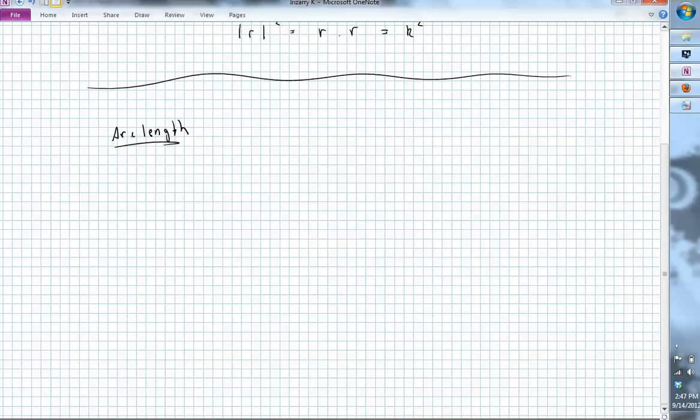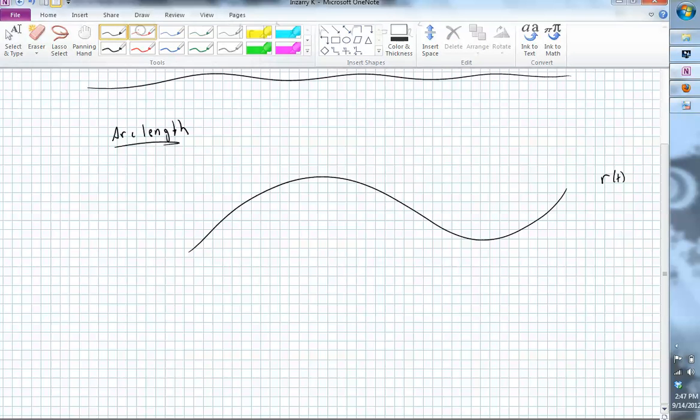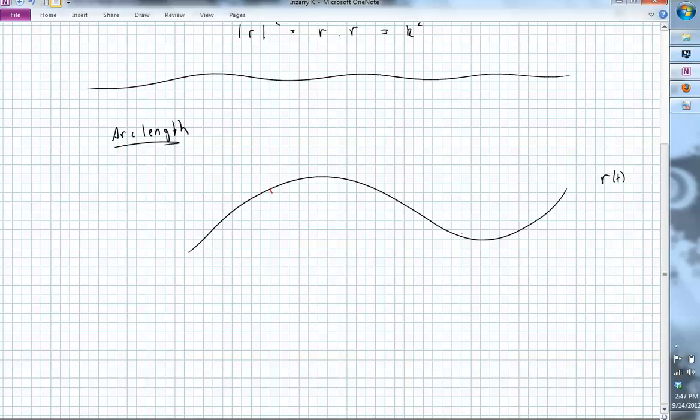And it makes perfect sense for a curve r of t to ask the question, how far is it from here to here?